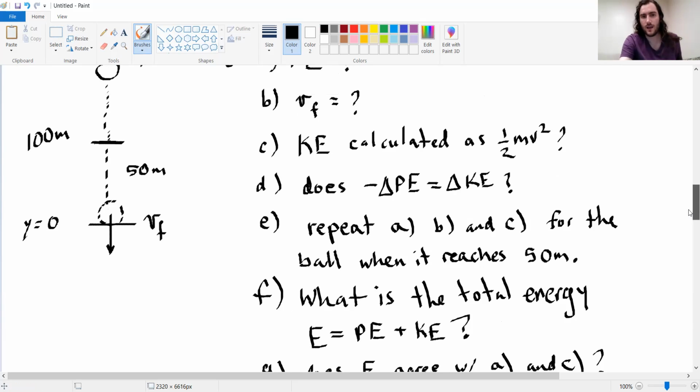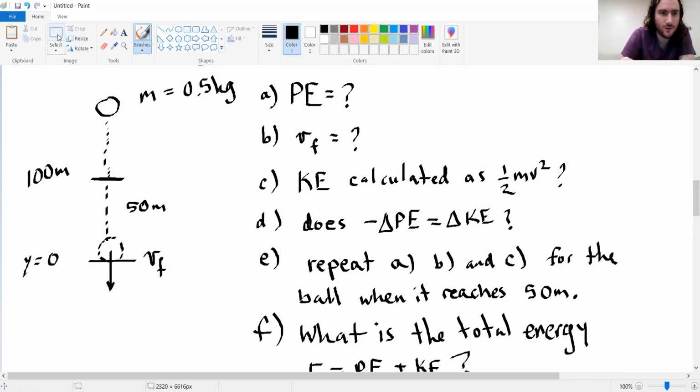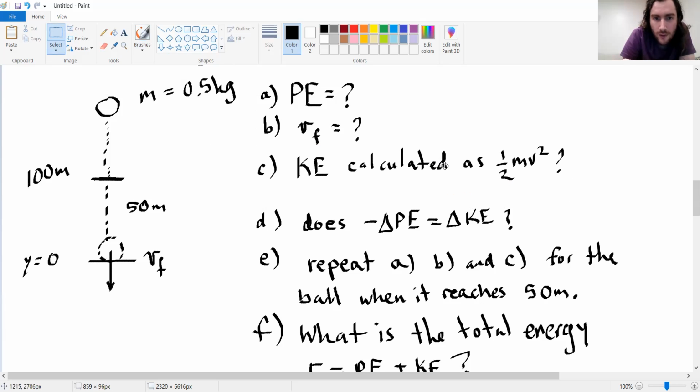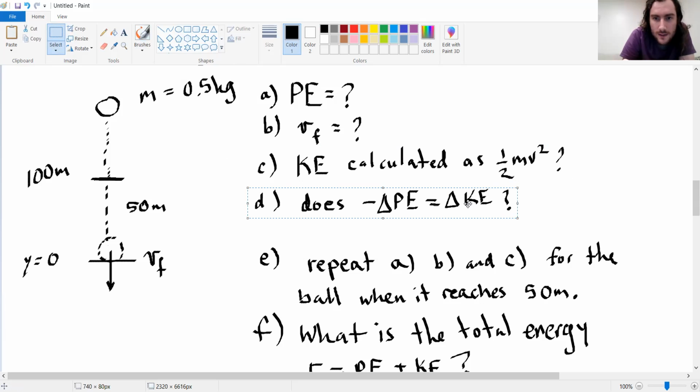Okay, long example there. Let me try to compactify some of this stuff here by moving it a little bit closer. Move it up a little bit, save some space.